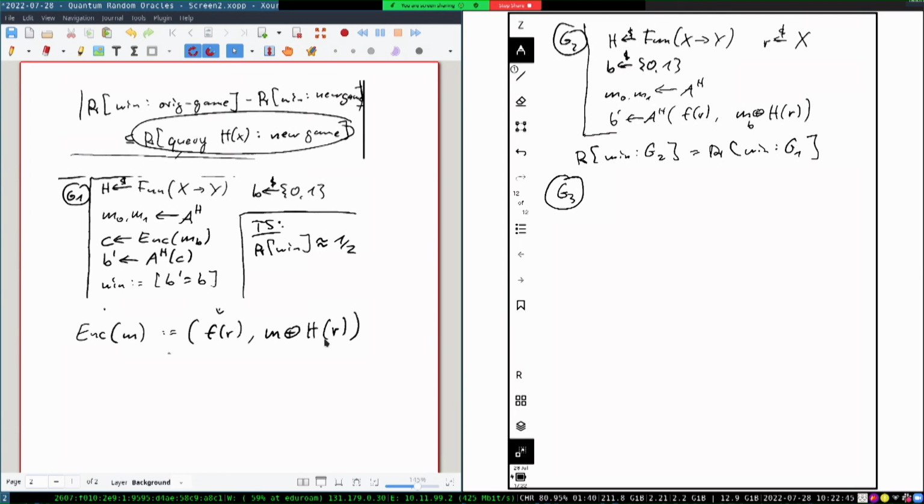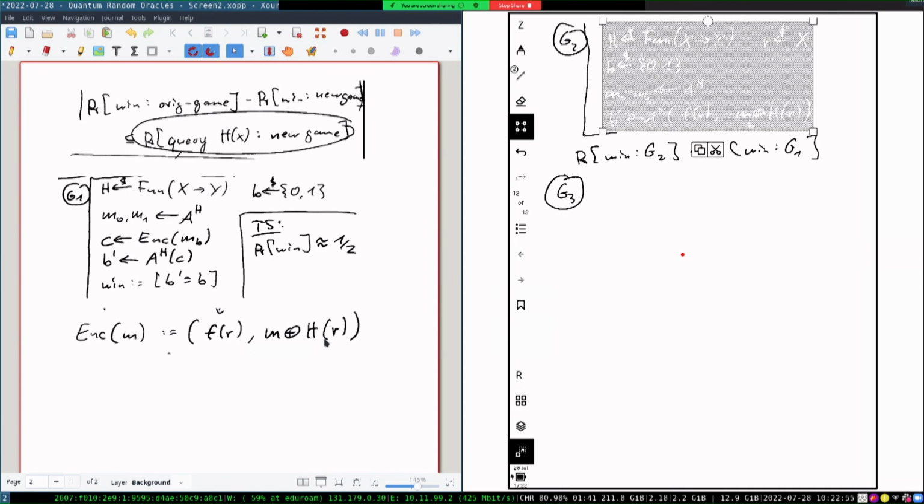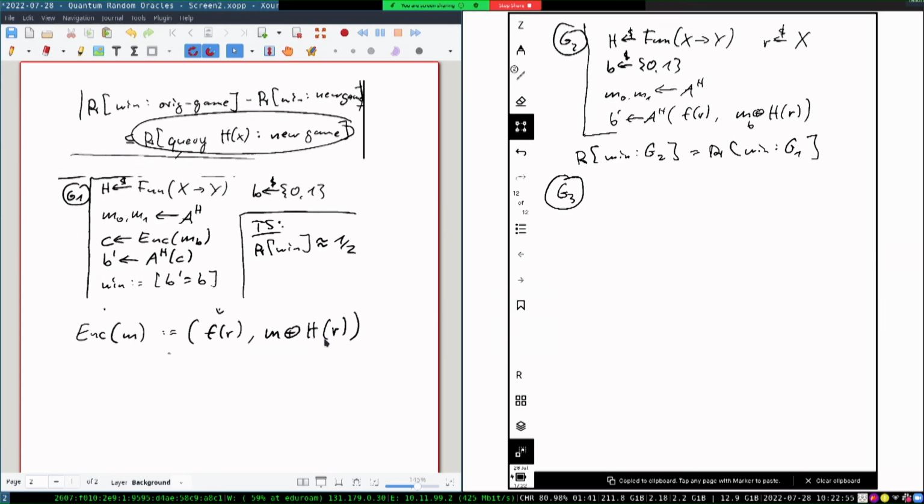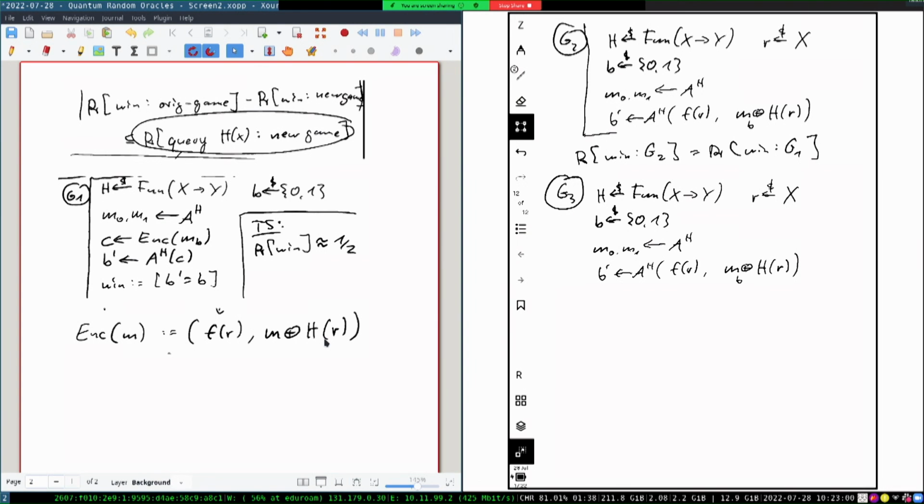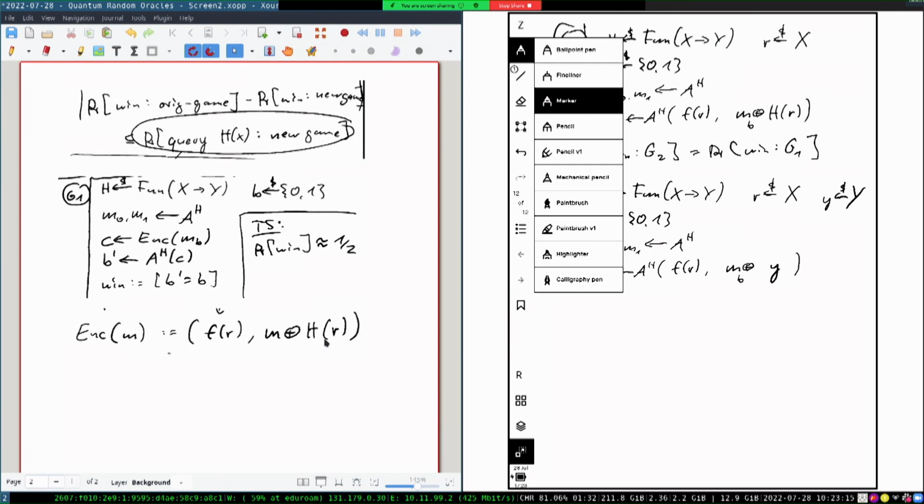So not much changes. I will use the magic of copy and paste. So what changes is that now we do not have the random oracle of R here, but instead we just put a value Y here, and Y is also just uniformly random. So this is the only difference, but it's a very drastic difference, of course.